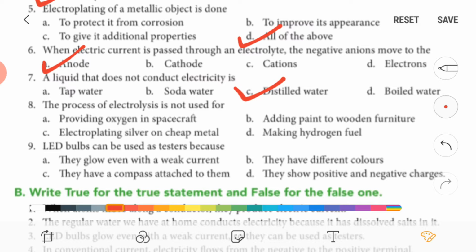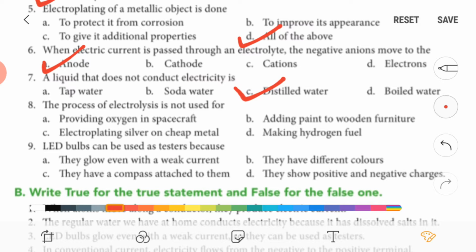Eighth, the process of electrolysis is not used for providing oxygen in spacecraft. No. Making hydrogen fuel, this is not the right answer to this question.